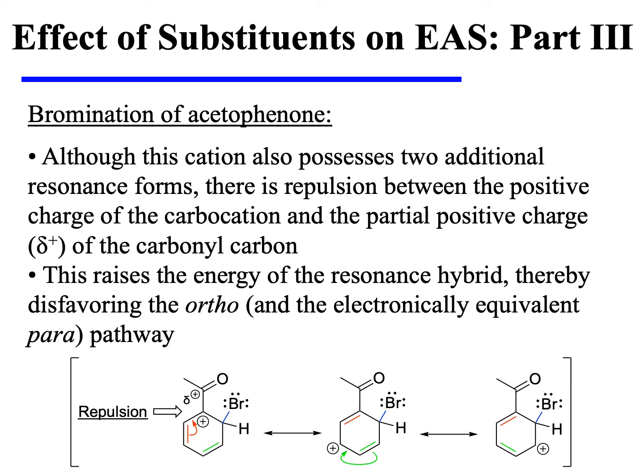Although this cation has two additional resonance forms, the first one shows significant repulsion between the positive charge of the carbocation and the partial positive charge of the carbonyl carbon. This raises the energy of the resonance hybrid, disfavoring the ortho and electronically equivalent para pathways.